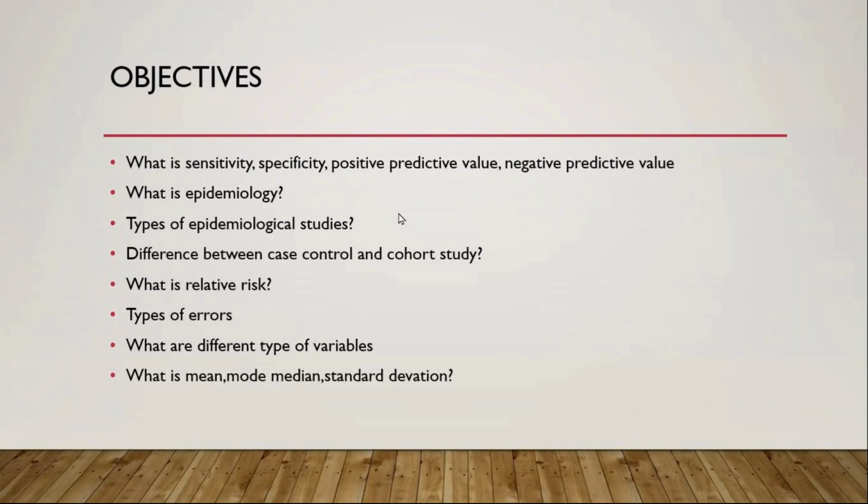Types of epidemiological studies, difference between case control and cohort study, what is relative risk, types of errors, what are different types of variables, what is mean, mode, median and standard deviation. By the end of the class you will learn about all of these things, and you will clearly be a statistician. You can solve any problem of statistics.